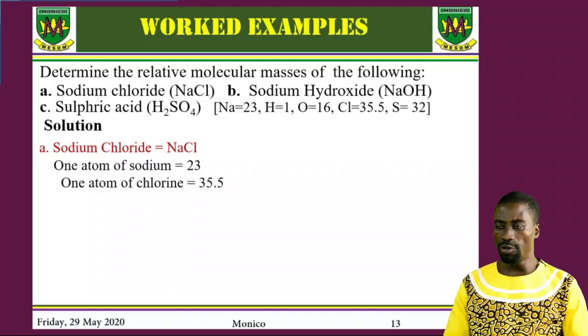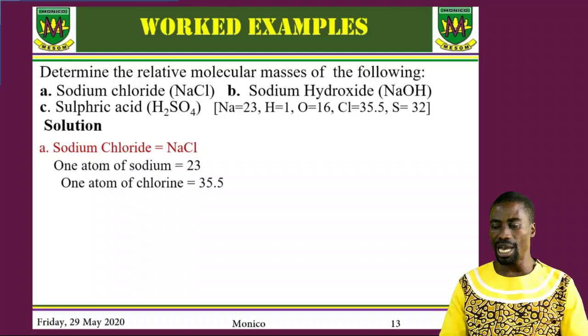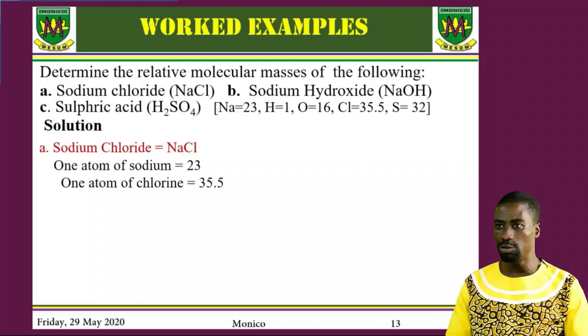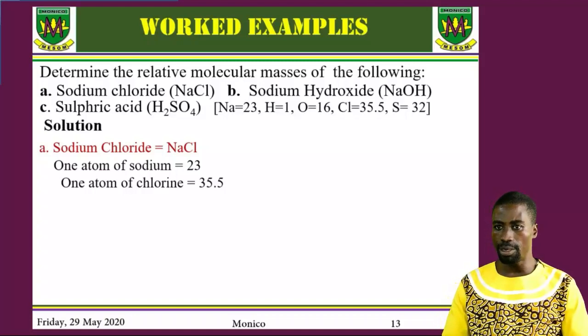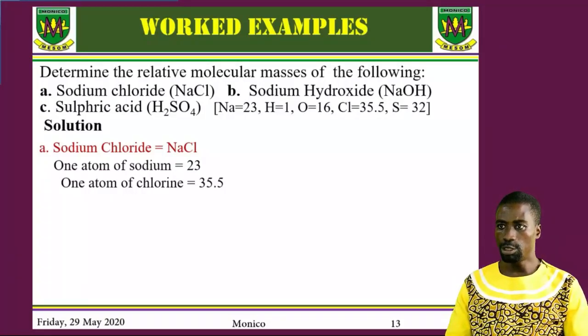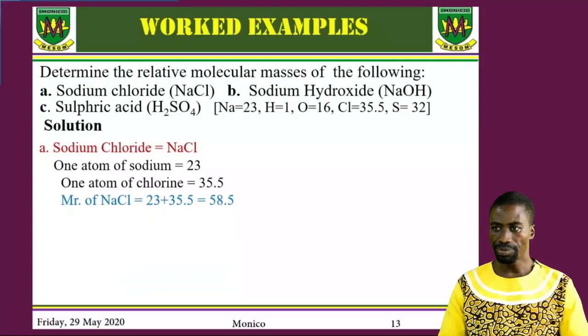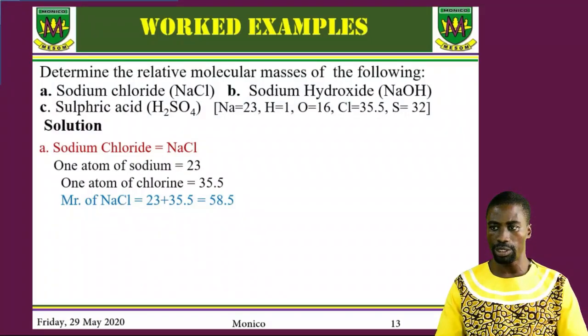As I told you from the beginning, the relative molecular mass you only determine by summing up the individual relative atomic masses that make up the molecule. So we are only going to do a simple summation between the sodium and chlorine. We have 23 plus 35.5, that will give us 58.5.